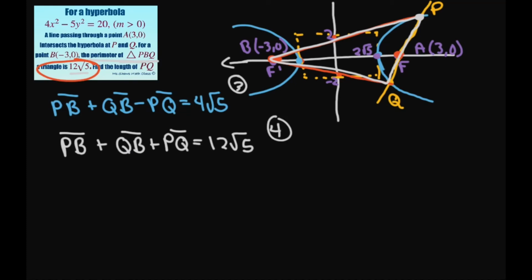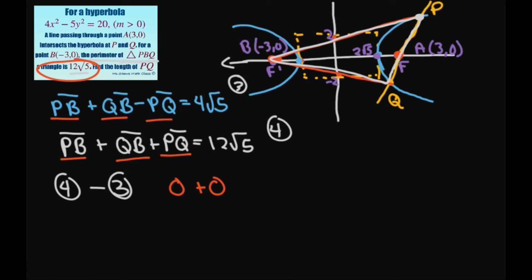Now what we want to do is take equation 4 and subtract equation 3. I'm kind of going to work backwards here. PB minus PB is 0, and QB minus QB is 0.